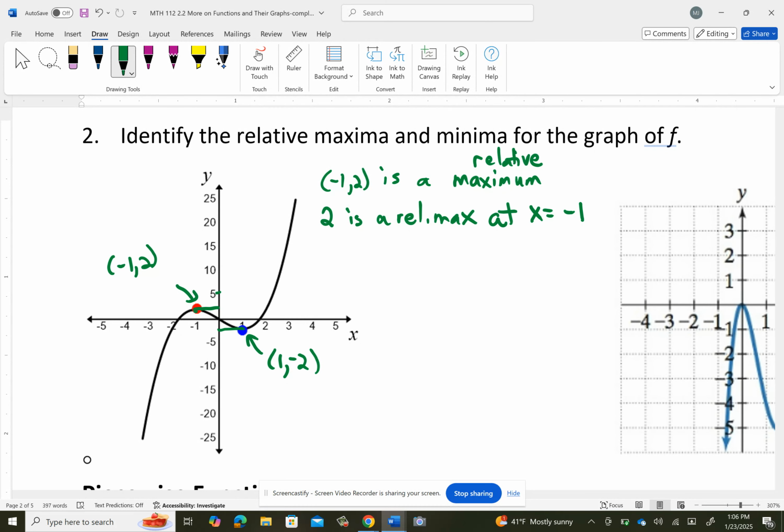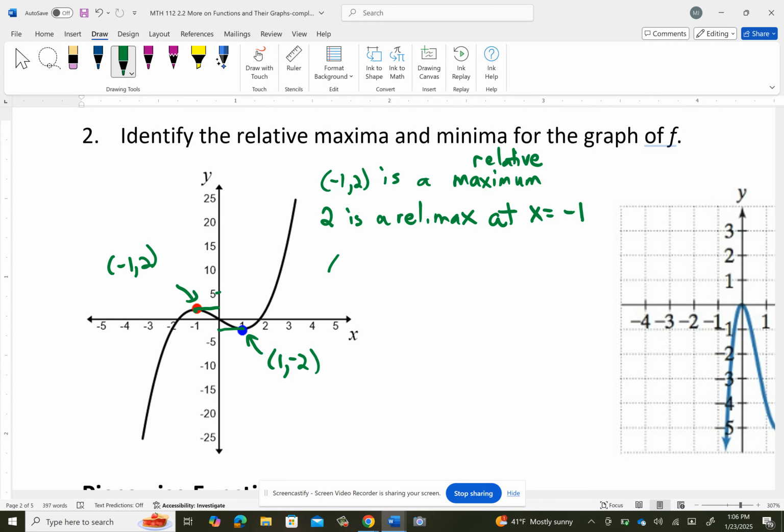Really, it's the y value that is the max or the min. Okay, this becomes important when you're answering word problems, where they might want to know where is the profit a maximum. It's the y value that is the actual maximum, and then the x is just where it occurs.